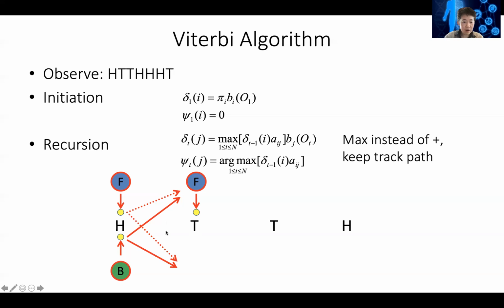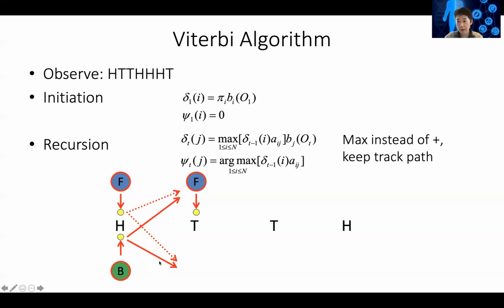Then you keep track of this new delta number. Same thing here: we compare the probability of getting here from the fair coin, which is this delta number multiplied by the transition probability from fair to bias, with using a bias coin here and transitioning from bias to bias, so this delta number multiplied by this transition probability.